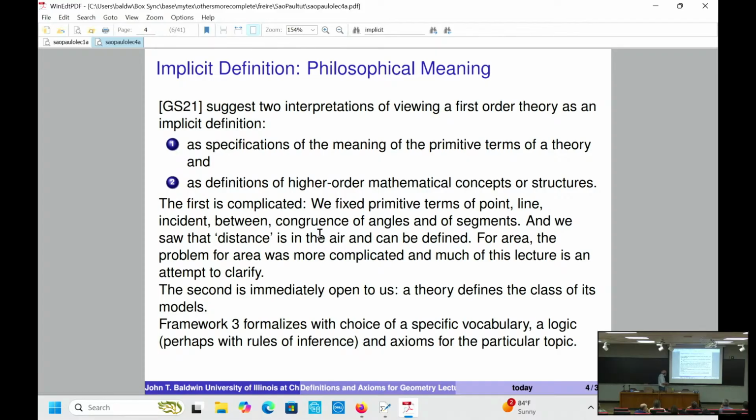Now remember that the frameworks were naive, we just sort of have a notion of what mathematicians do and what logicians do. And these issues really are about what logicians do, because we are talking about the formality of the definitions.